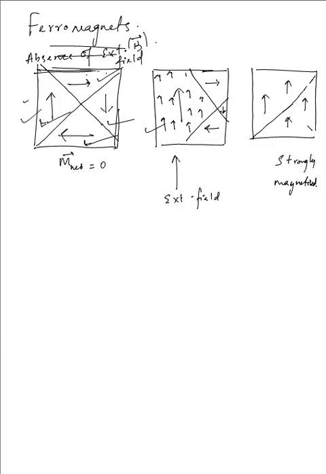As you can see, the segments, let me name them: 1, 2, 3, 4. All these segments have a net dipole moment, and they are very structured in their alignment, as opposed to the case of paramagnets. Even though paramagnets are weakly attracted, these are strongly magnetized and attracted.